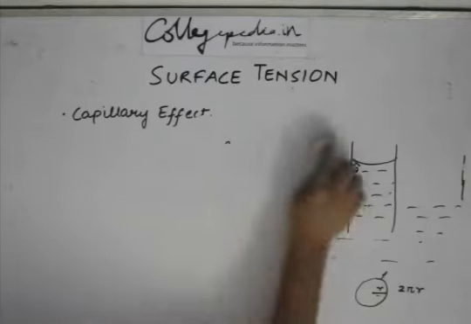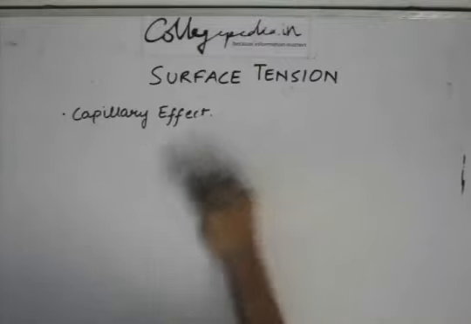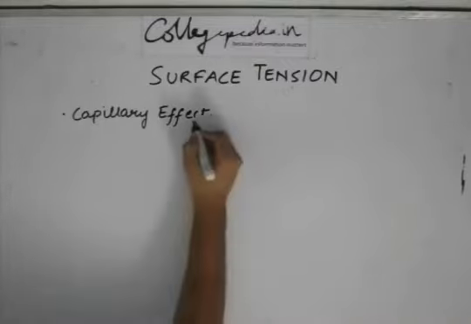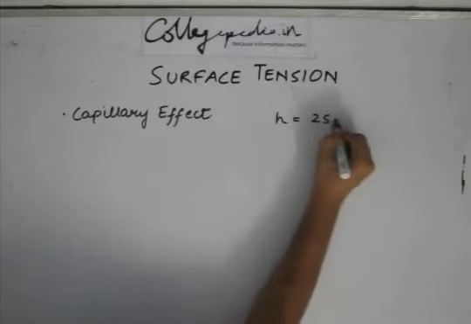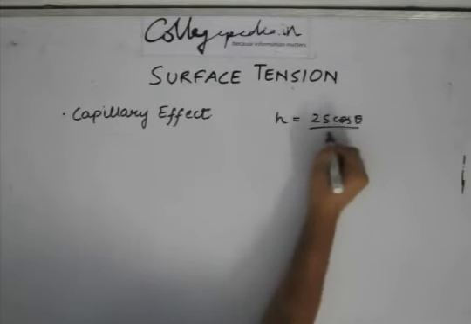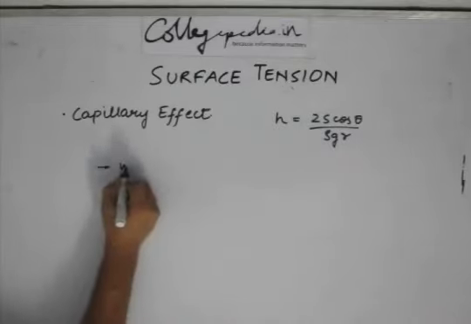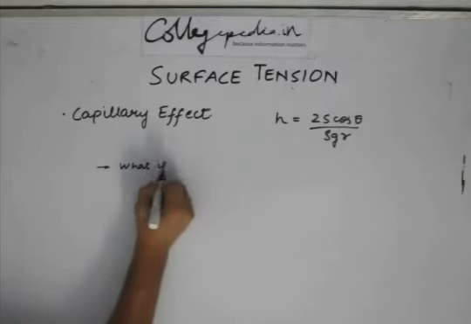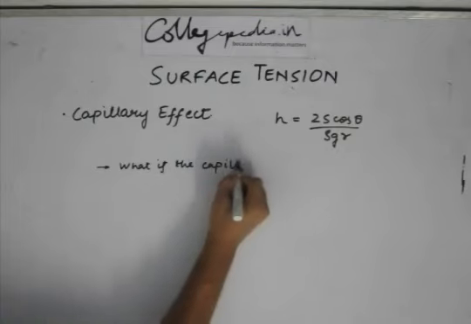Let us look at some questions that might arise if we change our setup a little bit. We found that h was equal to 2 S cos theta by rho g r. Now, what if the capillary tube is inclined?